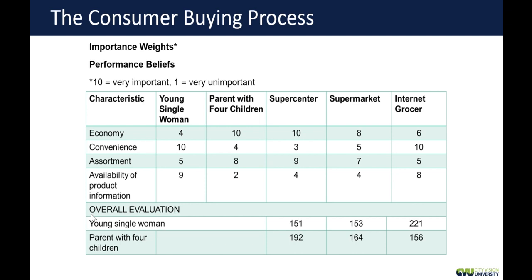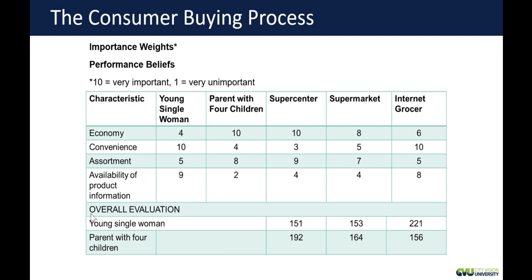So you take the value in the parent with the 4 children, how they rate it, times the specific supercenter, 10, 3. Multiply those two together and then add those numbers, you get 192. So for a parent with 4 children, the 192 is the highest area. This is where they're going to go and shop, right? So they're going to evaluate and say, hey, the supercenter is the best place for me based on economy, convenience, assortment, and availability of product.